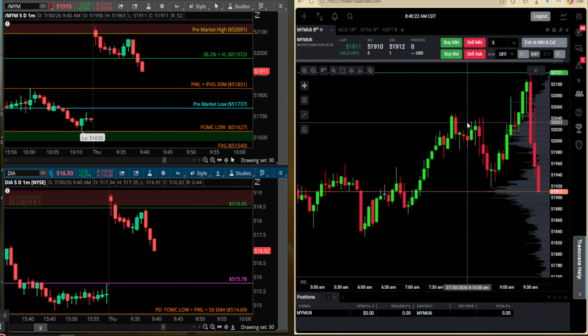Still waiting for a confirmation. It's a good candle below this value low, but on the smaller time frame I want to see what happens on the next 5 minute candle.